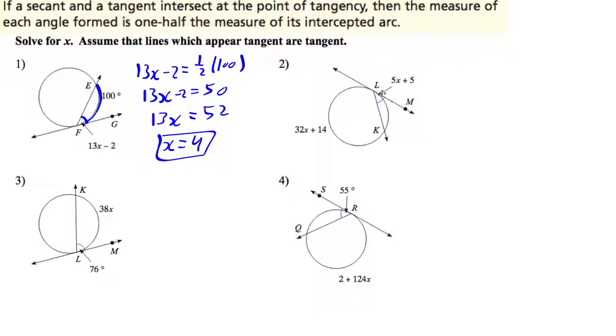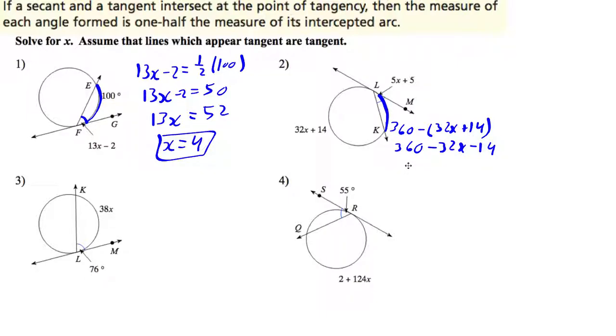Now, this one's a little bit trickier because we don't have the measure of the intercepted arc. But remember that the arcs add up to 360 degrees. So this is just 360 minus the other arc, which is 32x plus 14. I put that in parentheses because this distributes, so I get 360 minus 32x minus 14.